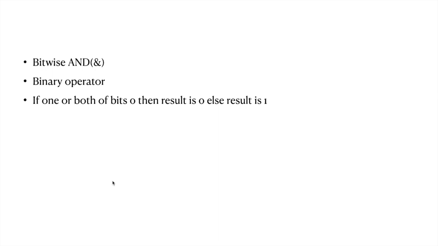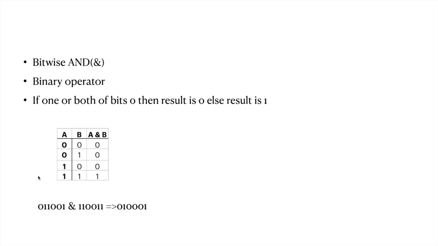The result will be 1 only when both of the operands are 1. So here we have a variable a and a variable b, and if both or either of them is 0, then the result a AND b is 0. It will be 1 only if both are 1.